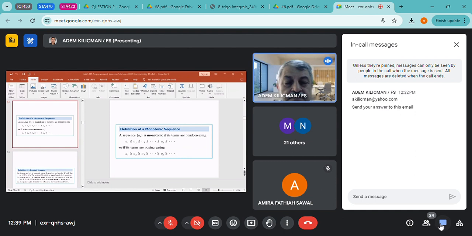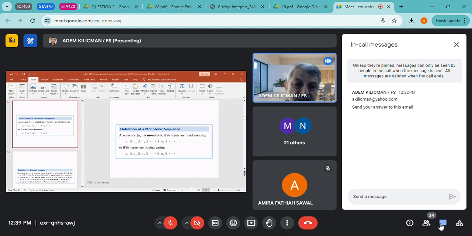What does it mean? A sequence is called monotone or monotonic when we have the relationship among those terms. Terms are non-decreasing. You can see here, for example, A1 less or equal to the A2. These are the terms of the sequences.